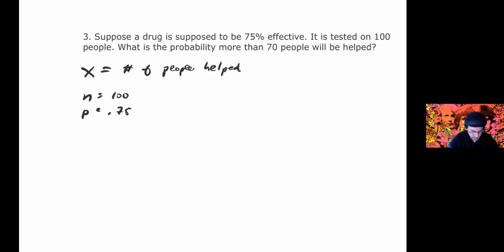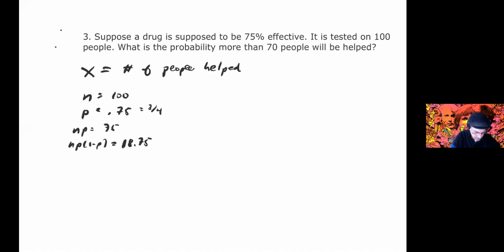So np is 75, and np times (1 minus p) is 18.75. The square root of np times (1 minus p) is the square root of 18.75, which is 4.33.